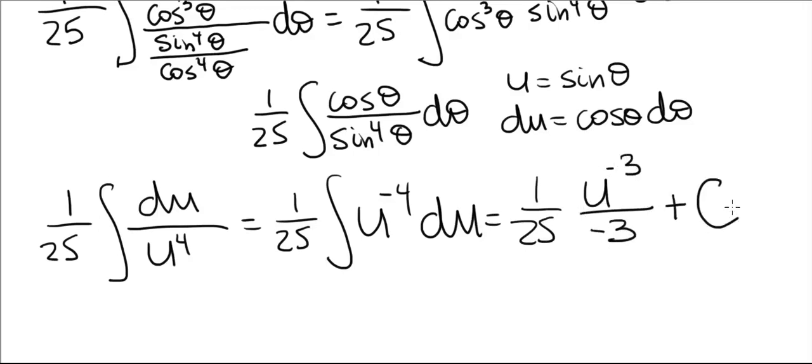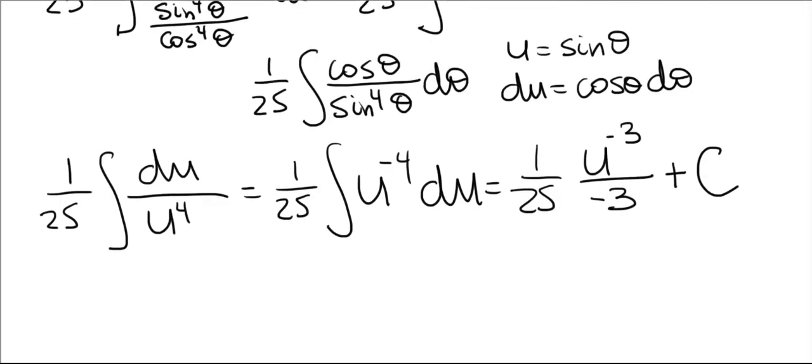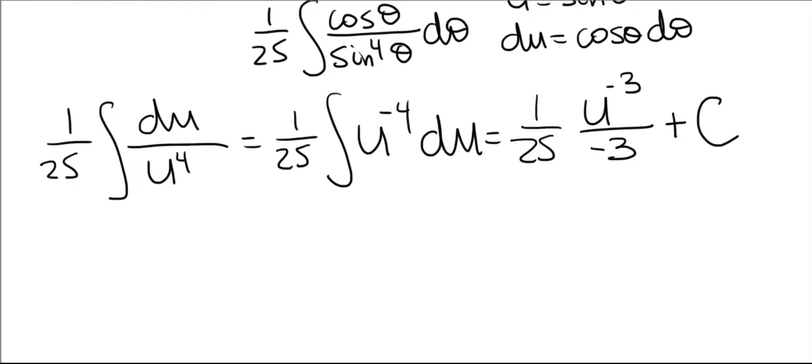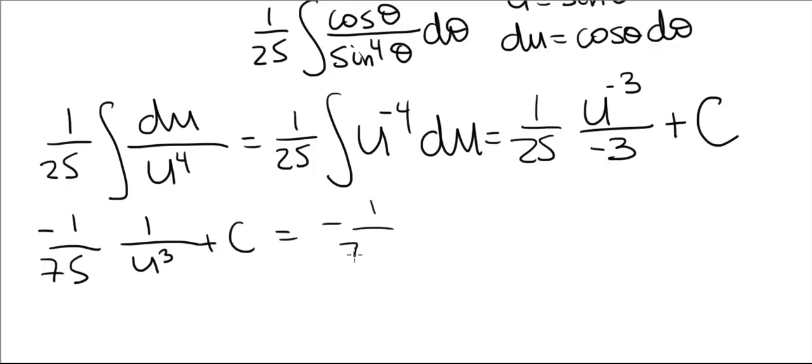We can add a constant of integration c, but we have to express the answer in terms of the original variable, which is x. So let's go back and rewrite this first as minus 1 over 75 times 1 over u cubed plus c, which is minus 1 over 75, 1 divided by sine cubed of theta plus c.